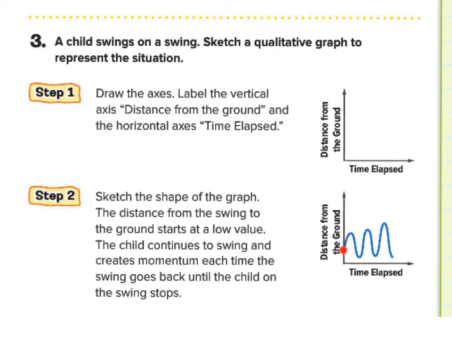Let's just say the child goes up forward, and then as they're coming back, they go close to the ground, and then as they go back up, all the way to the back, they reach the highest point at the back. Then they come back down to the ground, and now they're going to go to the highest point as they're facing forward to the other side of the swing. So that's what it would look like.